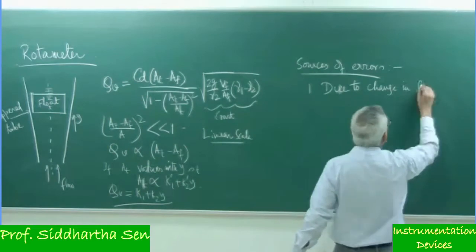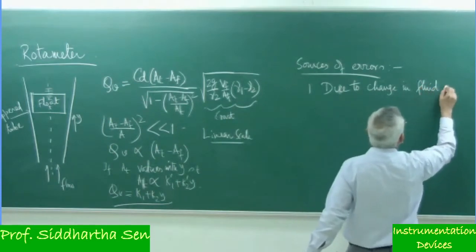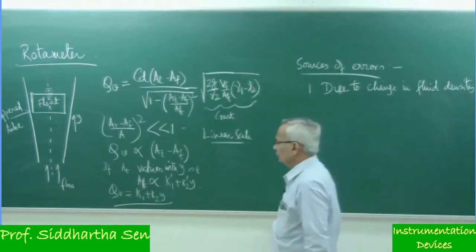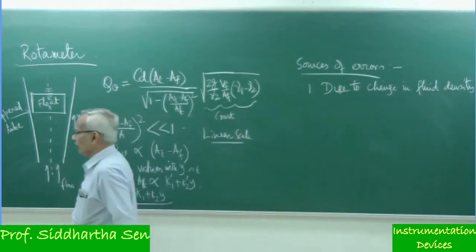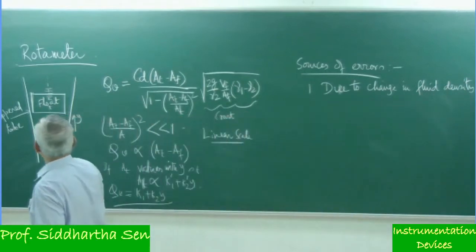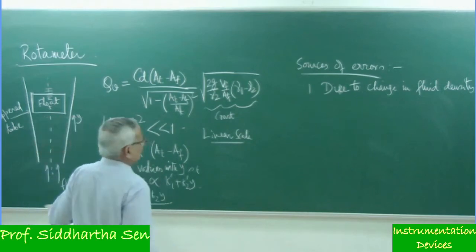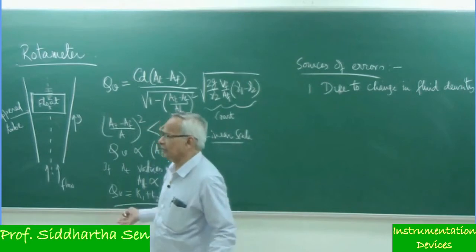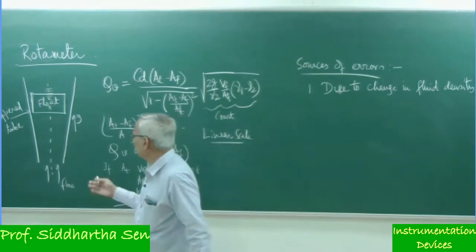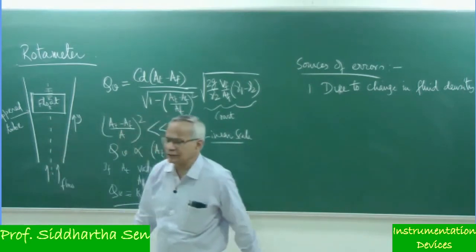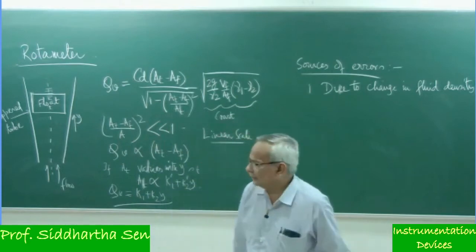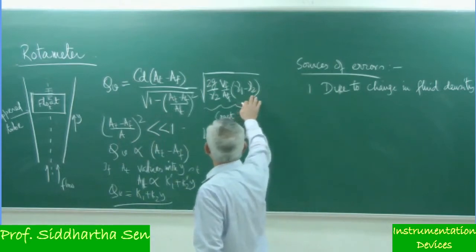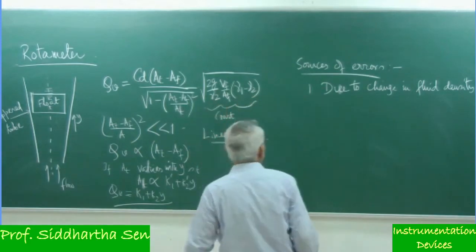One is the fluid density, because the fluid may have, we are with water, but maybe it is used for brine, or some salt is being added to the water. The density will change, and as a result, this will give you gamma different values. So there would be some error.